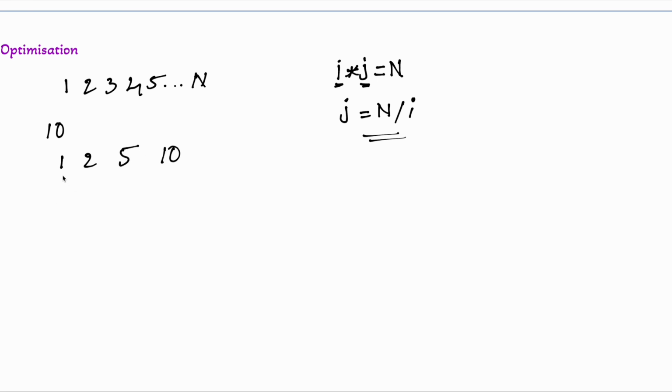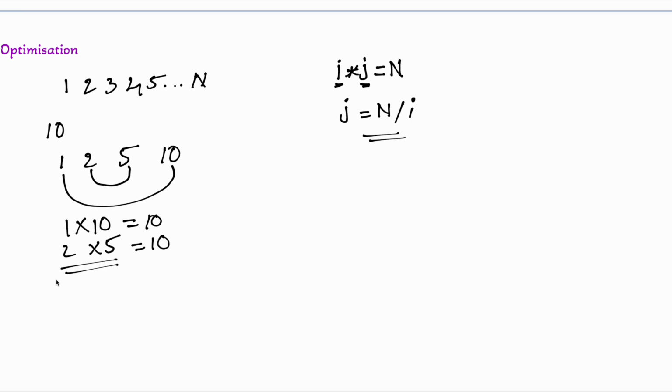The factors always appear to us in terms of pairs, which is here 1 multiplied with 10 is equal to 10, and 2 multiplied by 5 is equal to 10. And here, if we see the relation carefully, when we are processing number 2 itself, if number 2 is a factor of 10, there has to be another factor which is the pair of that.